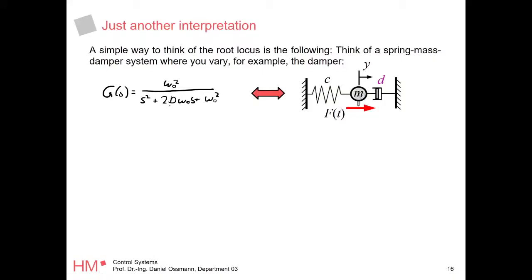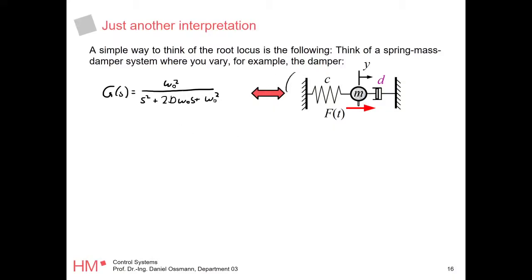Note that this big D is not the damping coefficient you directly have in the mechanical system, because you have D over M, I think, or something. So it's not a typo on my side. D is really not this D here.